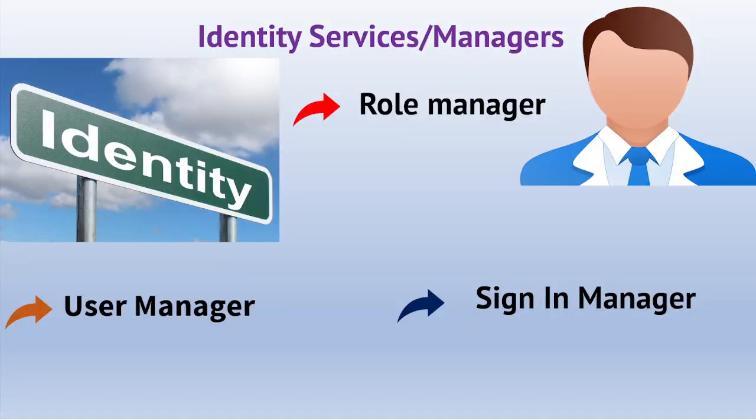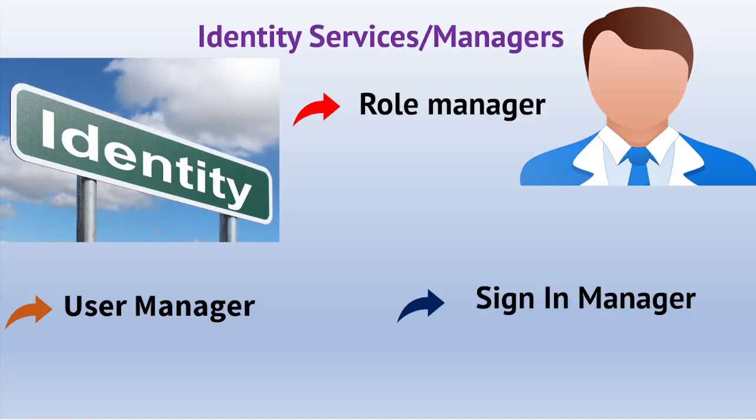So how do we work with roles in ASP.NET Core Identity? We can create roles that contain a set of permissions for performing a set of activities in the application. We'll see these as we go along. For the user manager, we've said that it performs user-related operations by calling the user store.